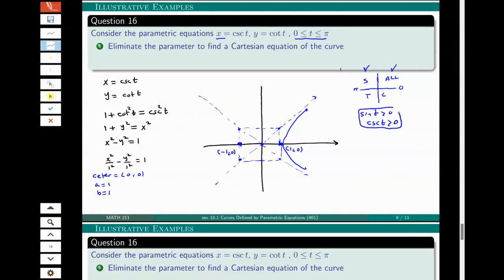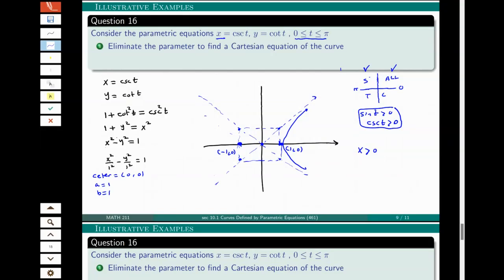So because sine t and cosecant t are positive in the first and second quadrants, we need to select x to be only positive. Here, in this graph, x is not positive. Okay, so that's why we removed it.